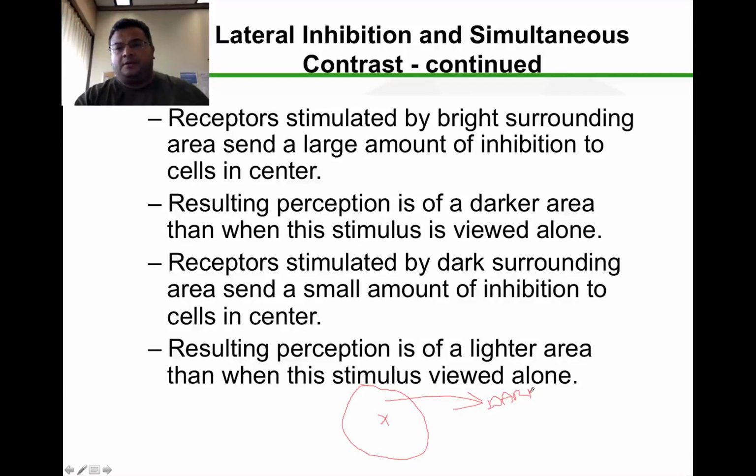Since it's all dark, if I were to shine a little tiny light right here on top of this receptor and no light anywhere in this area, this receptor would fire very powerfully, because it's not being inhibited by any of the guys out here. So what we would perceive is that this little spot right here would be much brighter than the stimulus actually is.